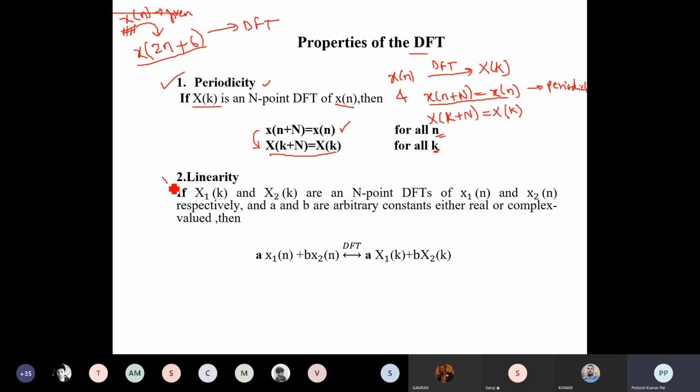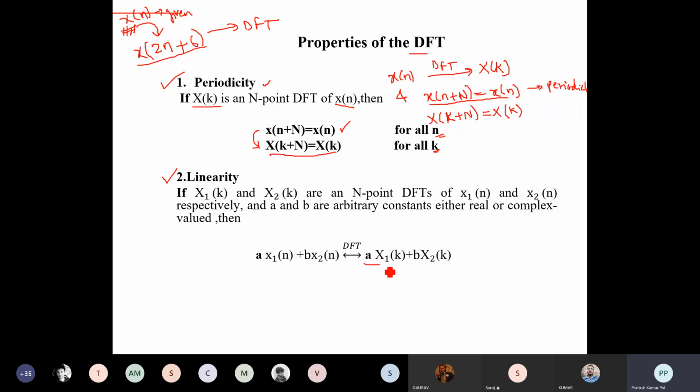The next property is linearity. We have already studied the linearity property, when a signal is linear. So if a into x1 of n plus b into x2 of n is a linear function, then its DFT will also show the similar nature.